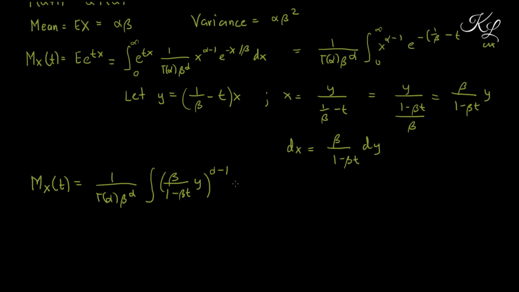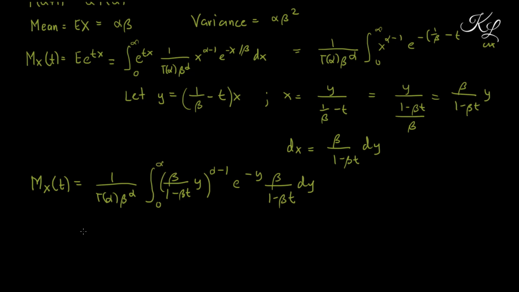And we have e raised to negative. For this one, we're gonna use y. And dx, we're gonna use this one. If x equals to 0, this y will become 0. And if x is infinity, y will become infinity.